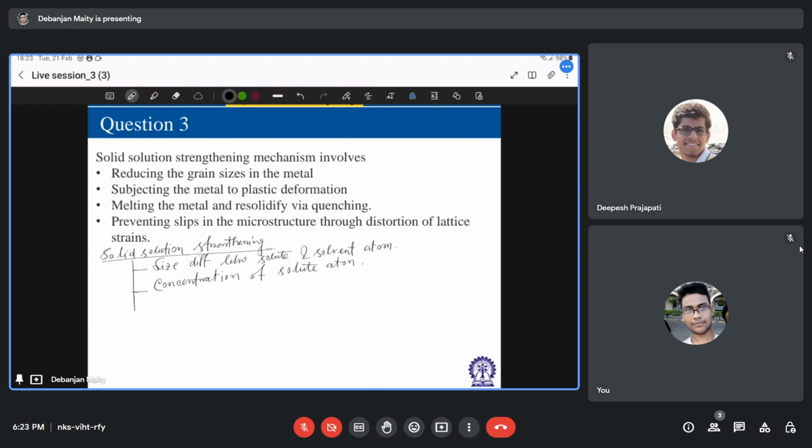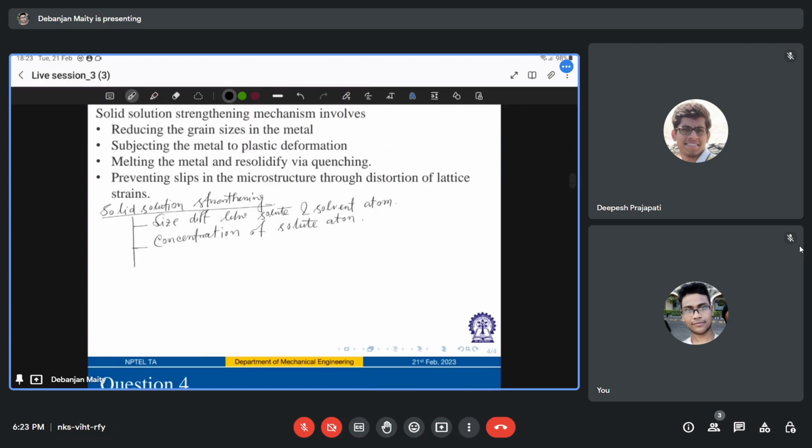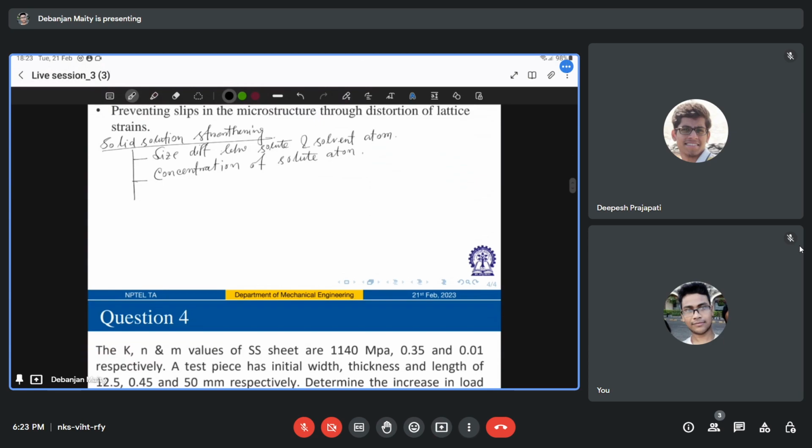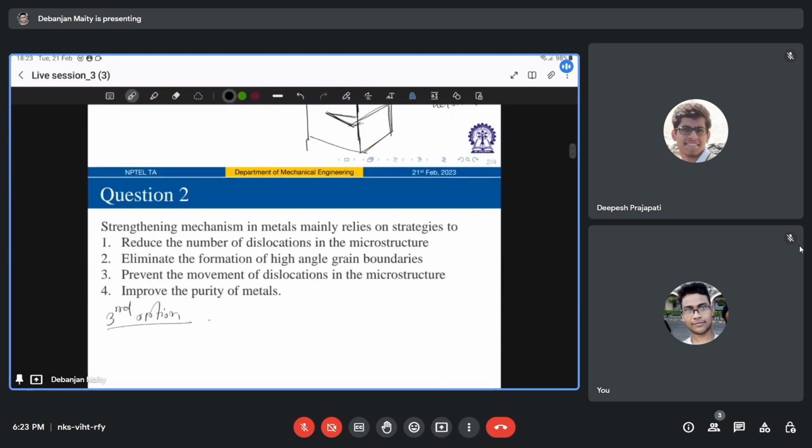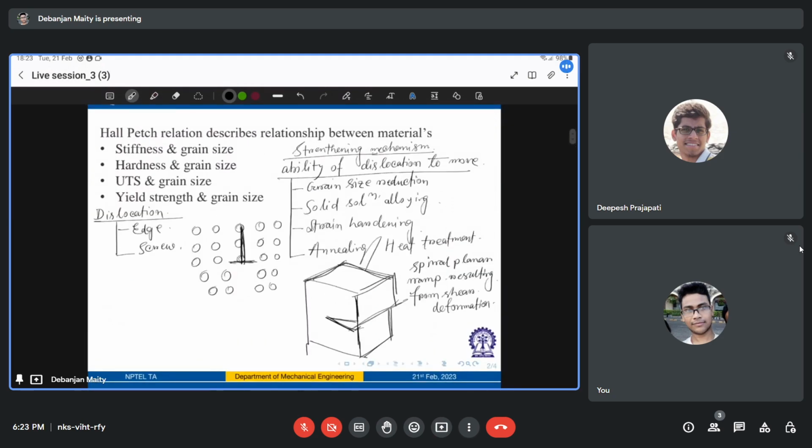Now if we try to draw some figure in terms of solid solution strengthening, let us take this figure.